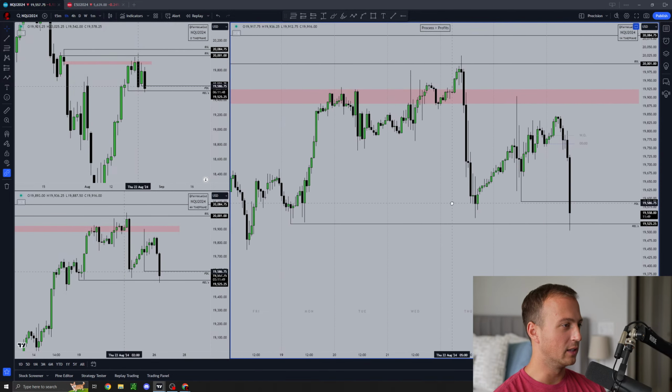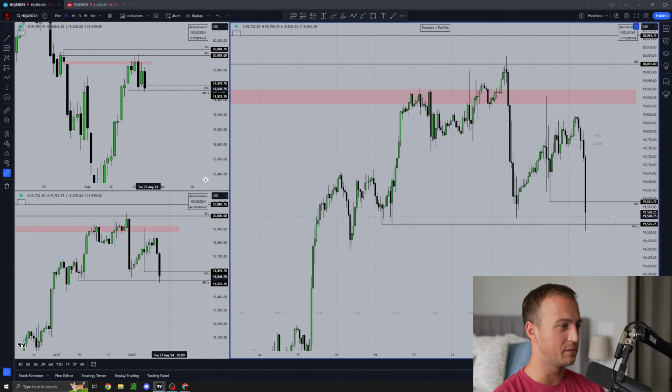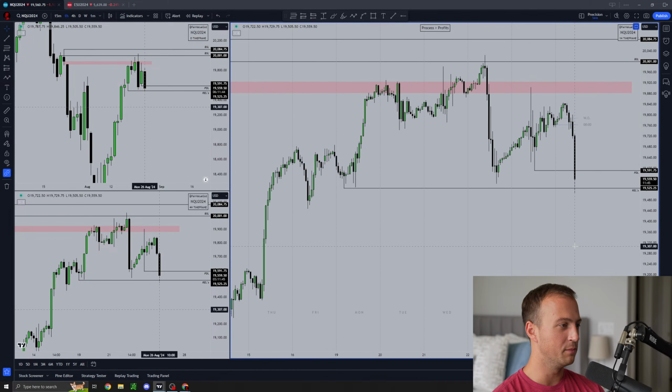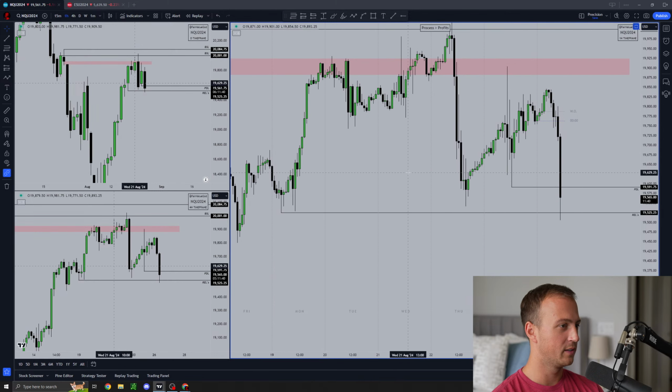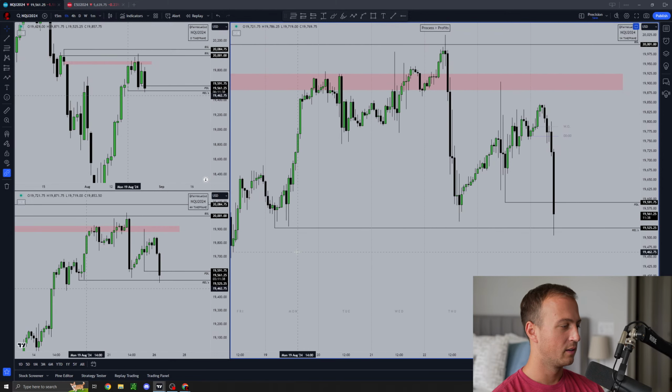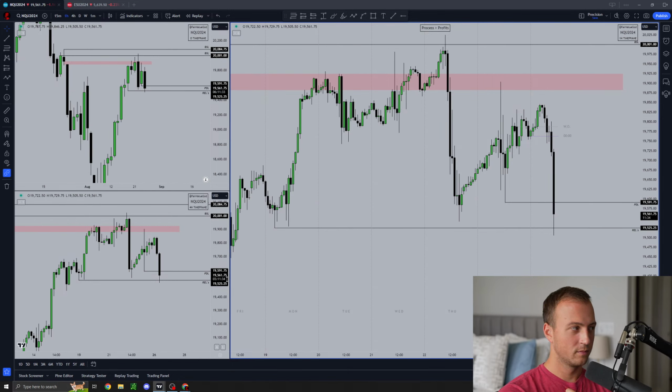Also think about the logic. Don't forget the logic behind these setups and why price is going to move the way it does. Who just got stopped out? Who was just targeted? Who can tell me?